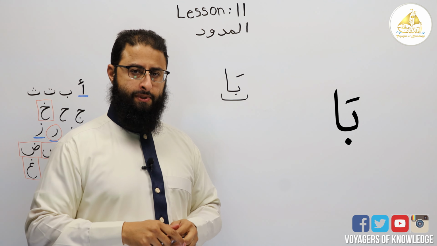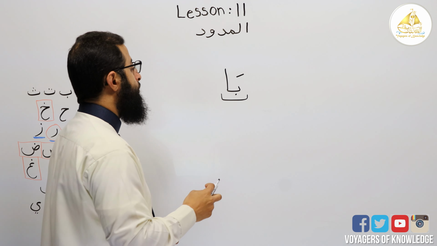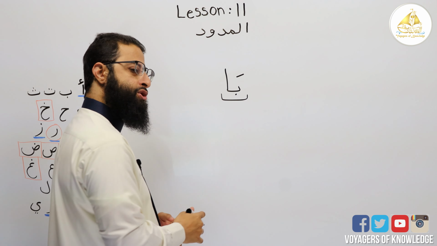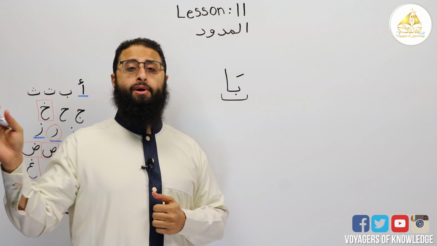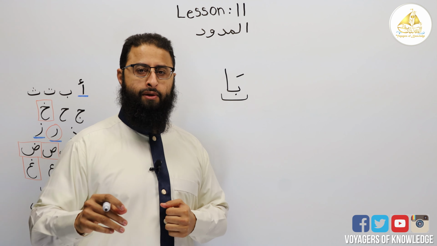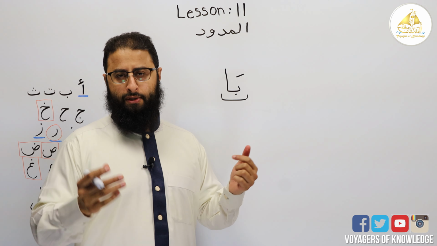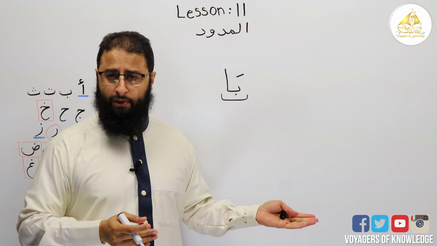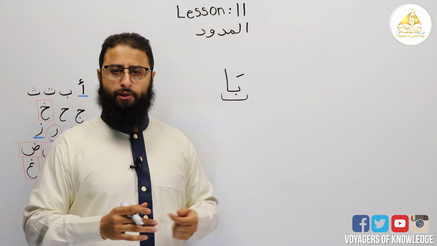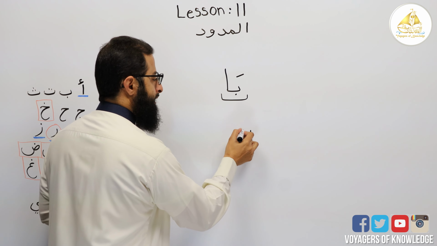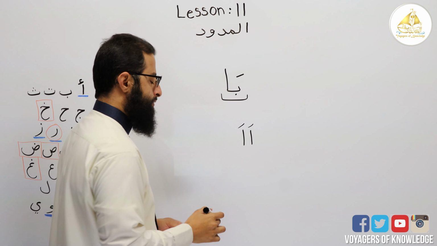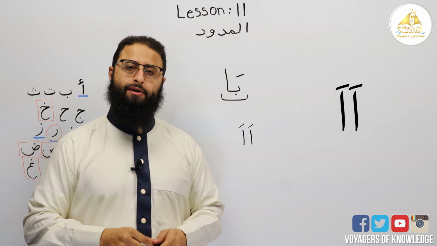And what you want to remember is how long should you make this? How long should you make the vowel? Should you say baaa or baa? The first one was too long, and the second one was very short. What you want to do is make it as long as it takes you to pronounce two letters with a haraka.